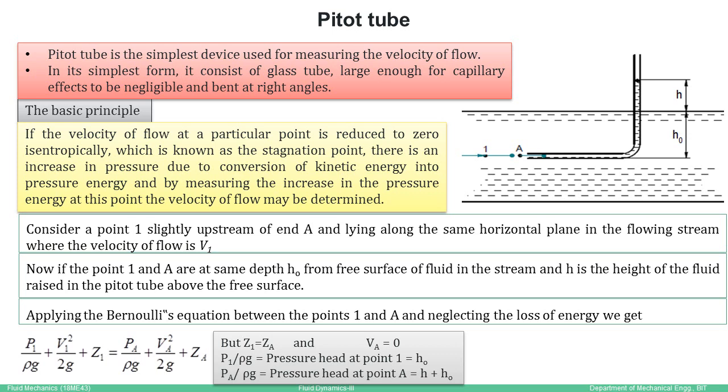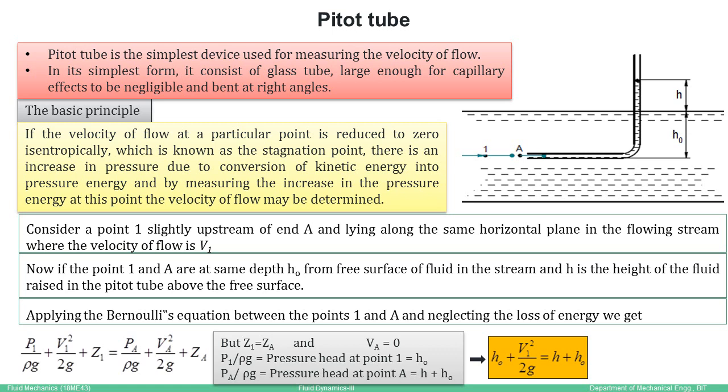The pressure head at point 1 is the static pressure, that is H naught, which is nothing but P1 by rho g, and there is an increase in pressure at A, and that increase is nothing but h. So the total pressure head at point A, Pa by rho g, is h plus H naught.